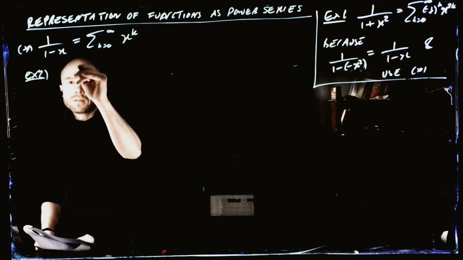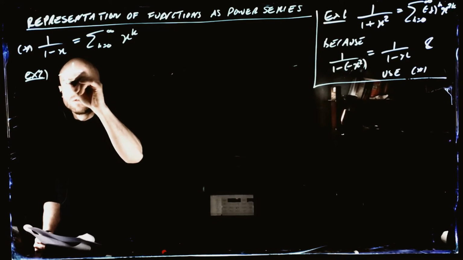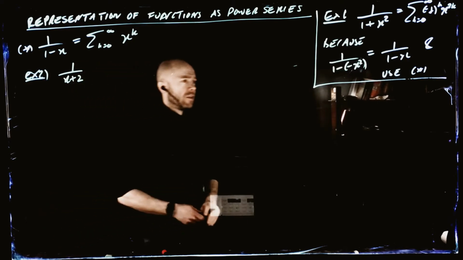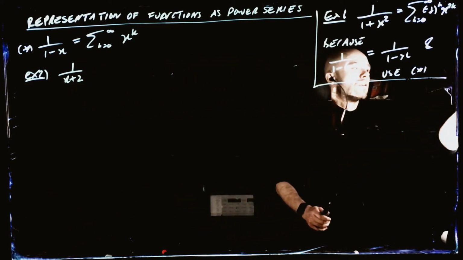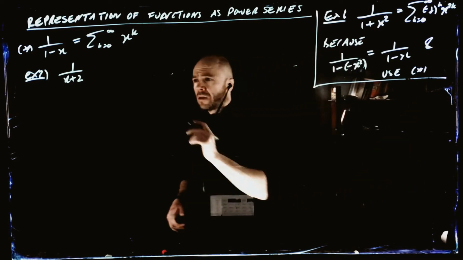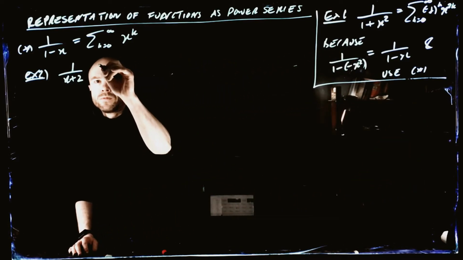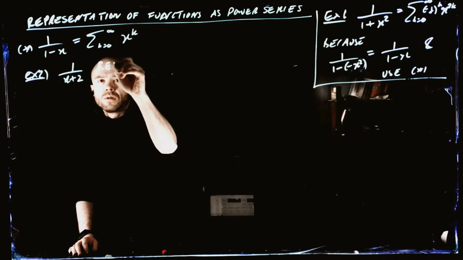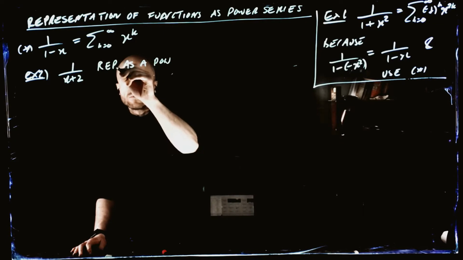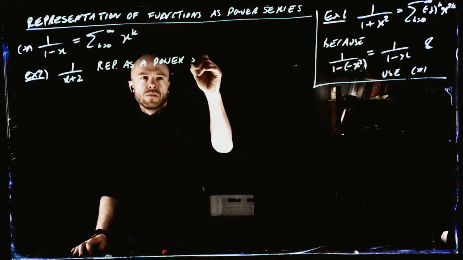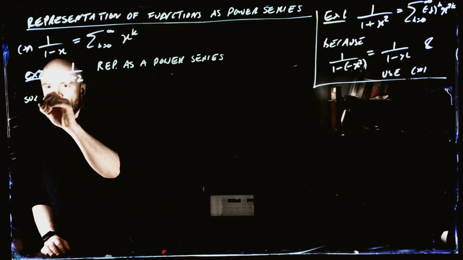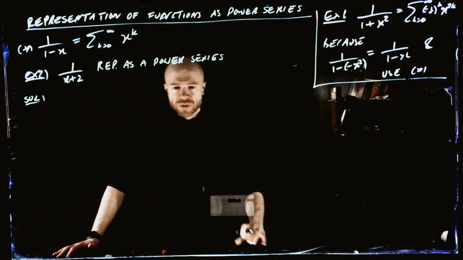So look at this. I claim that we can represent this also as a power series. How would we do this? Use a similar idea. We have to use this identity somehow.